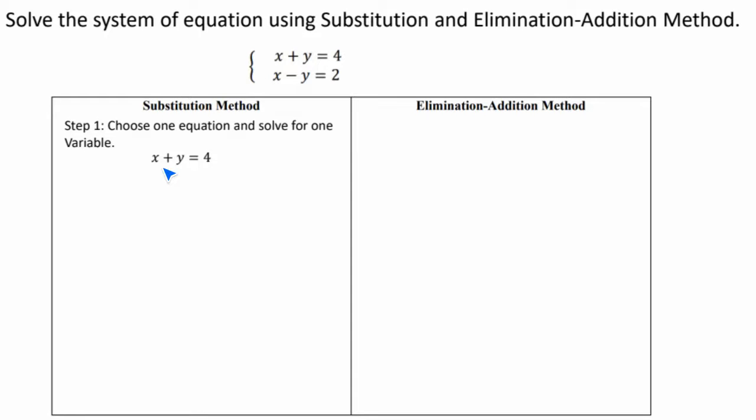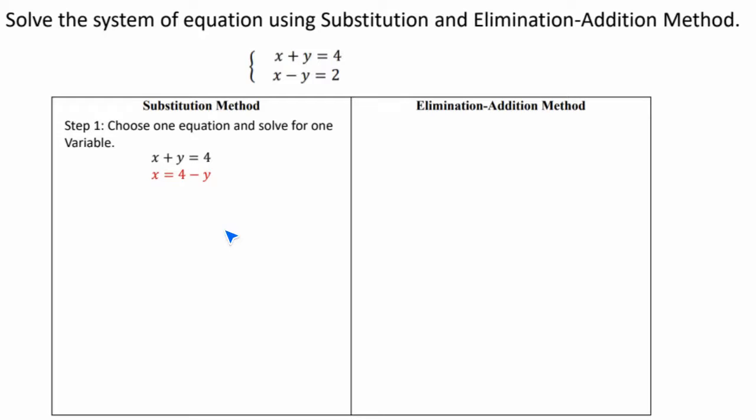Some of you might choose the second equation, but it doesn't matter which one you choose. I'm going to choose the first one. You can solve for x or for y. I chose to solve for x, so I subtract y on both sides, and I get x equals 4 minus y.